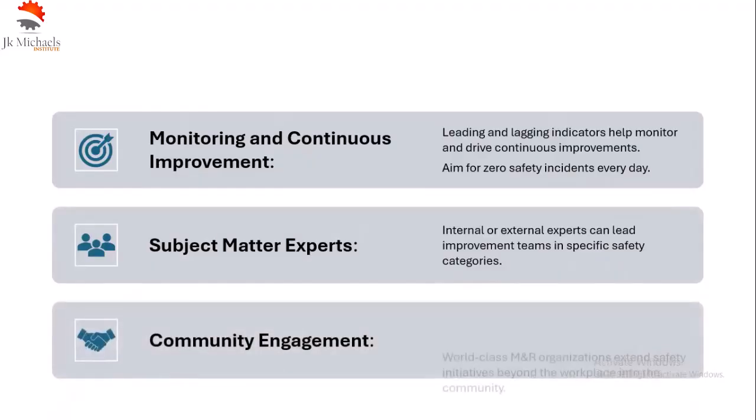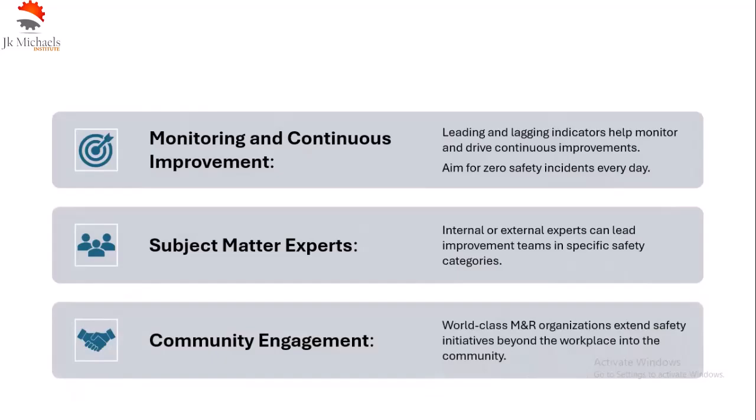And then, of course, community engagement. World-class maintenance and reliability organizations move beyond safety within the organization to outside the organization, to ensure that beyond the workspace, the community experiences safety. Of course, for this to happen, the organization's manufacturing process must not be a source of danger to the community that hosts the organization.